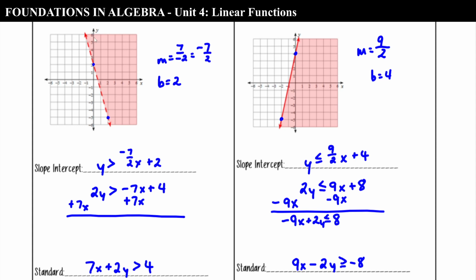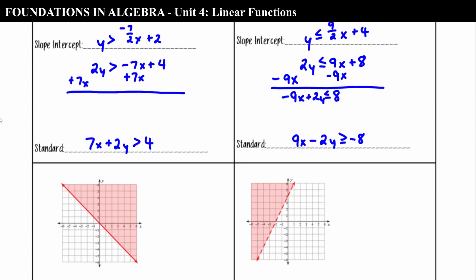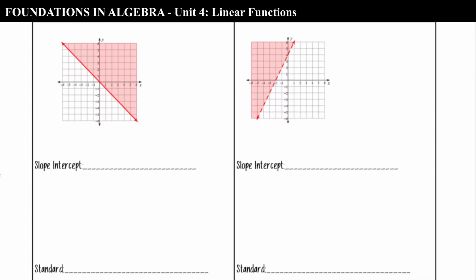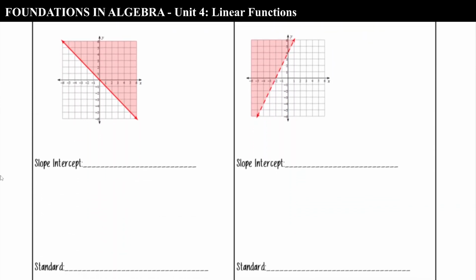All right, let's move on to the other two examples. For this one, our y-intercept is 0, and our slope is clearly negative 1, down 1 over 1. So our slope is negative 1.